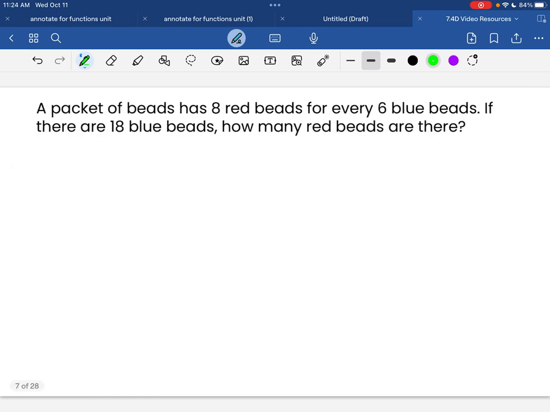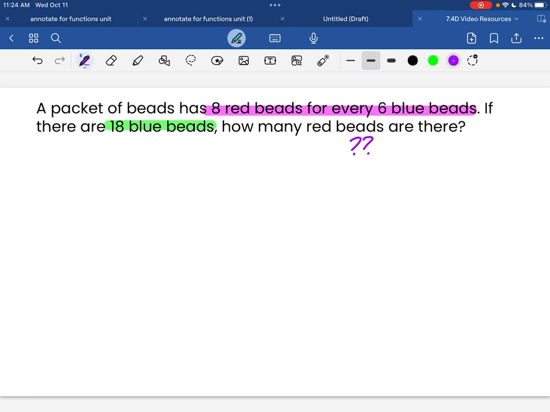The last thing that we're going to take a look at is how to problem solve using ratios. So I have a packet of beads and it has 8 red beads for every 6 blue beads. And I think that's important, so I'm going to highlight that. If there are 18 blue beads, how many red beads are there? So they're giving me that there's 18 blue beads, and I'm looking for how many red beads are.